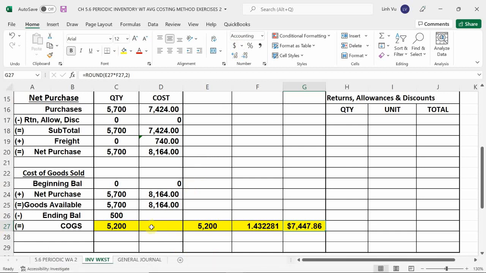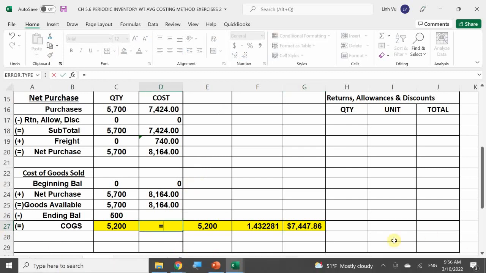There you go. So therefore, what is my ending balance? If I have 500 units, I could simply take my 8,164 and subtract out my $7,447.86.